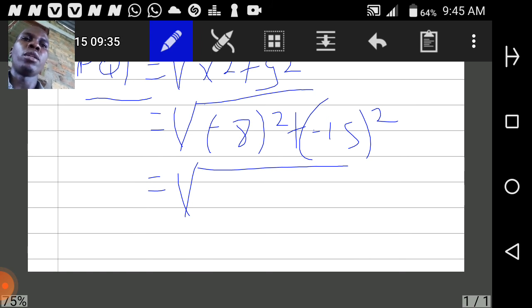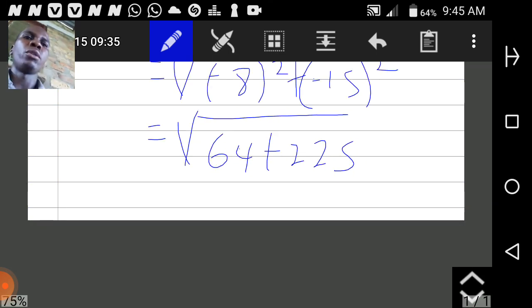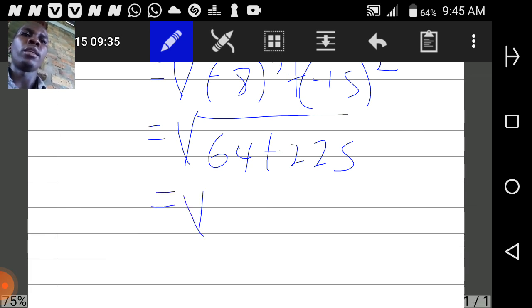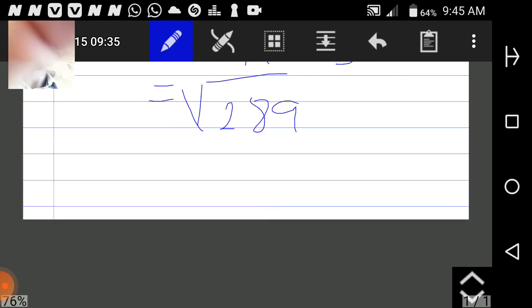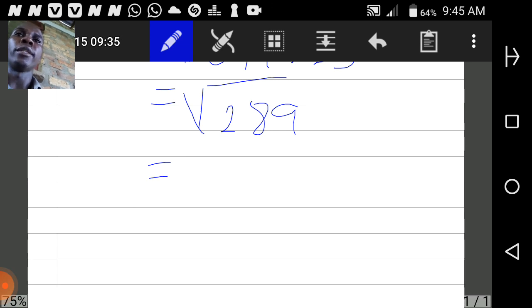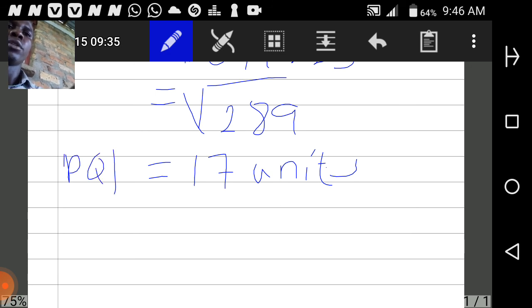Negative 8 squared is 64, plus negative 15 squared, which is 225. When we add, we have the square root of 289. And what is the square root of 289? That gives us 17. Since we don't have units, we can leave our answer in terms of units. So this was the length of PQ.